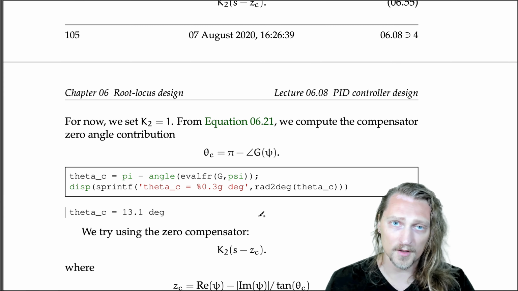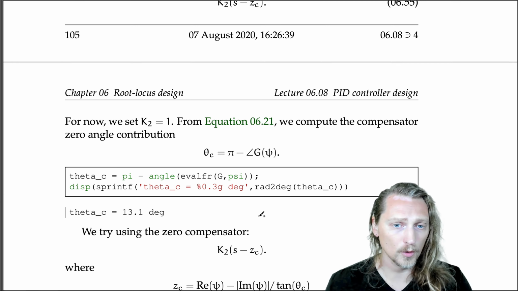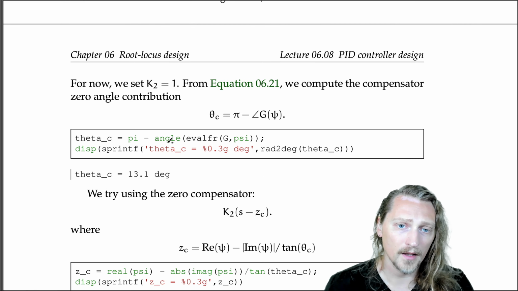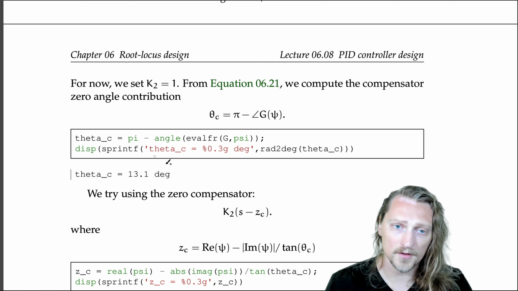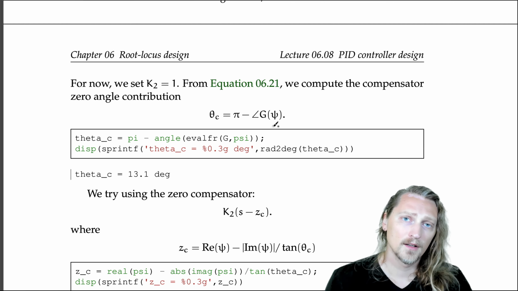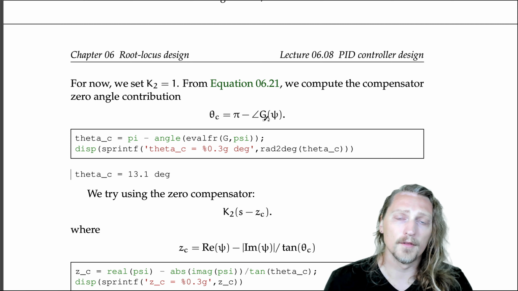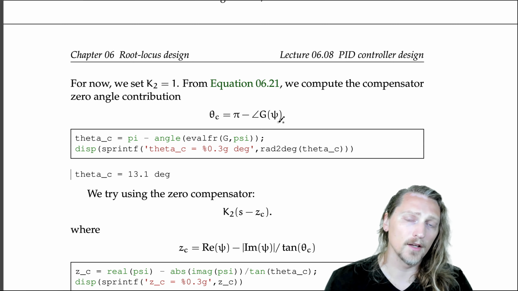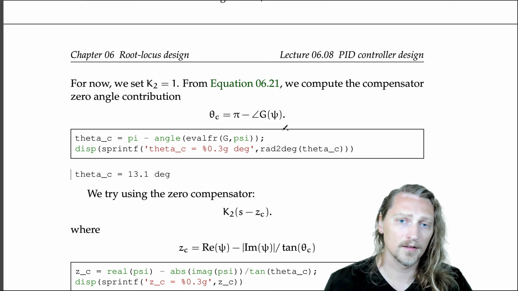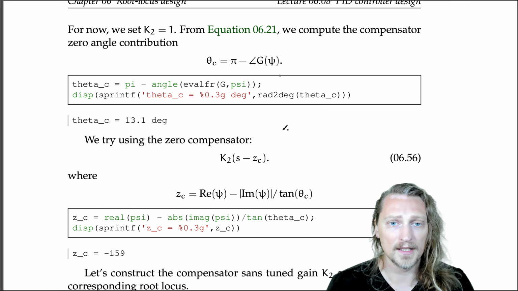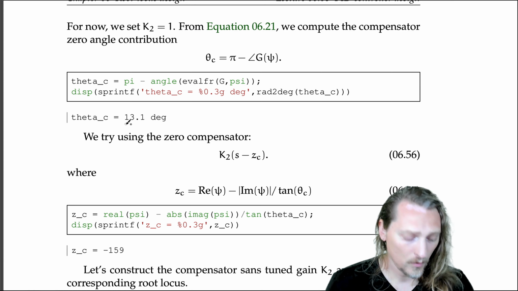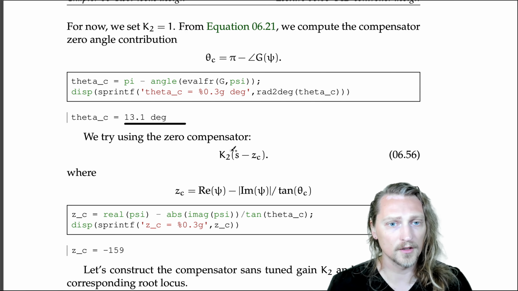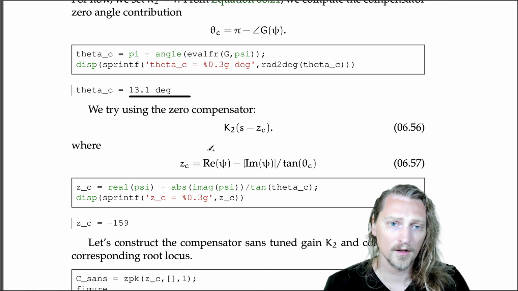We have used this before when we did our PID controller design. And it's nice because you can calculate this using a simple formula, pi minus the angle of the transfer function evaluated at psi. That's the amount we need to contribute, and it turns out to be 13.1 degrees with this 0.